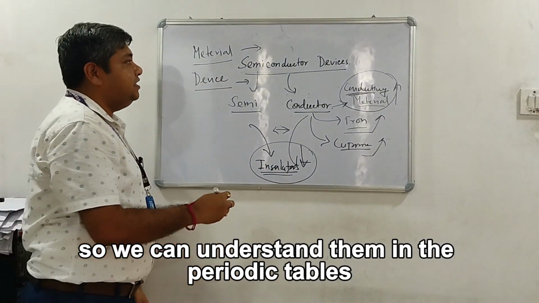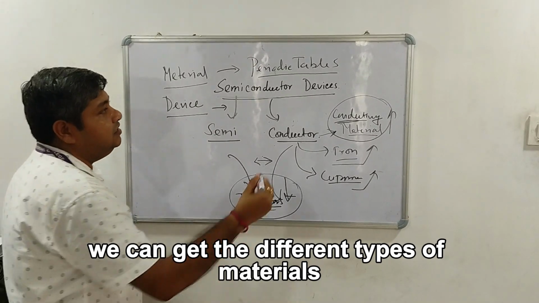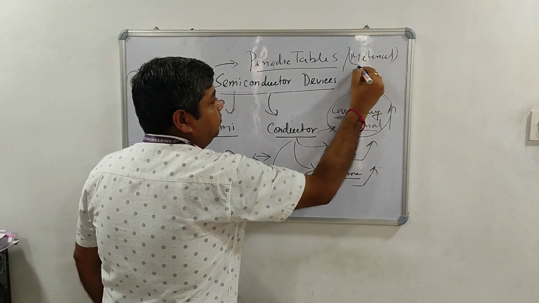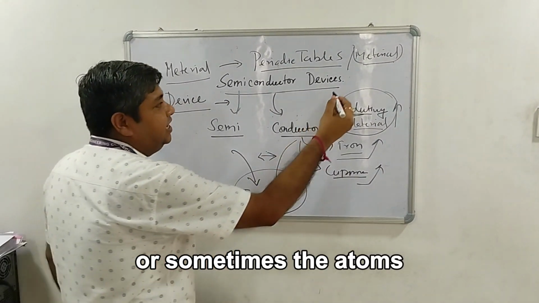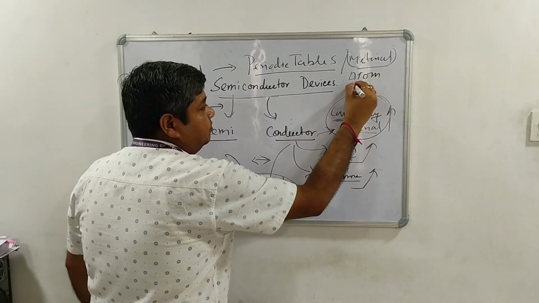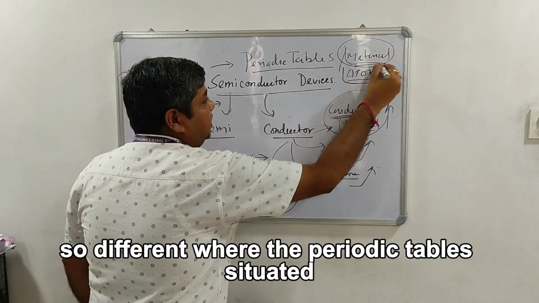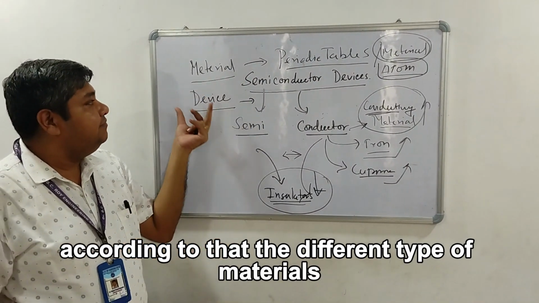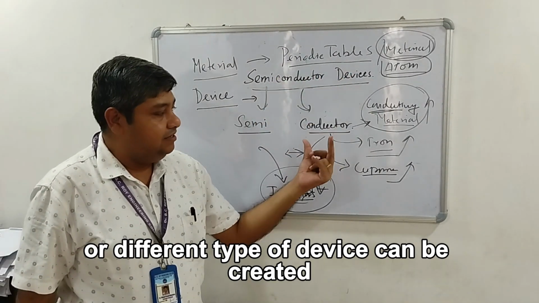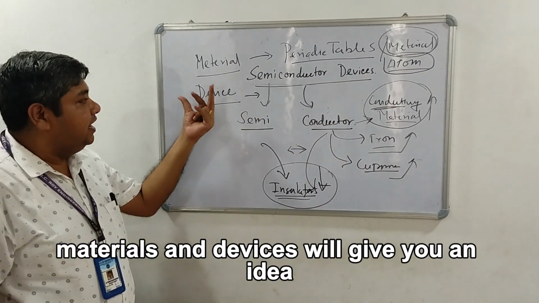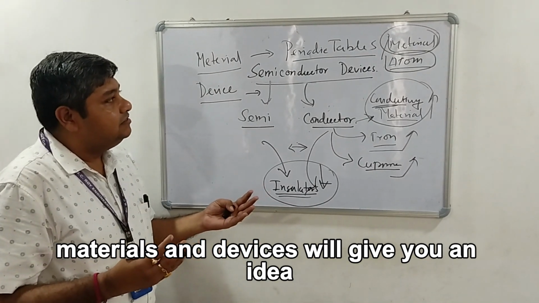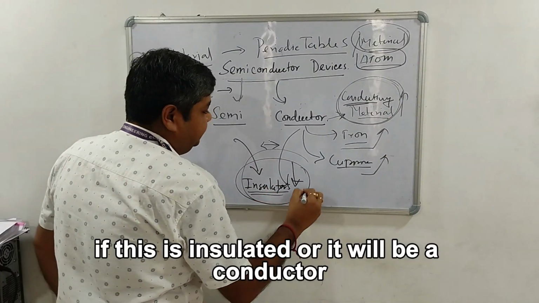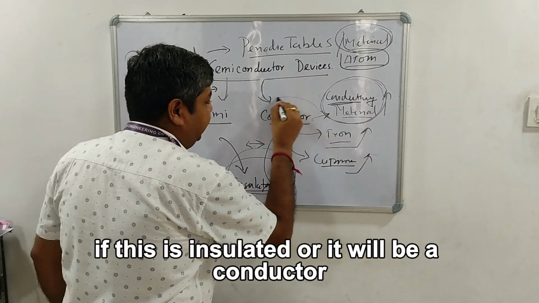In the periodic table we can get the different types of materials, or sometimes the atoms. According to where they are situated in the periodic table, different types of materials or devices can be created, and with those materials and devices you get an idea of how the device will be created, whether it is an insulator or a conductor.